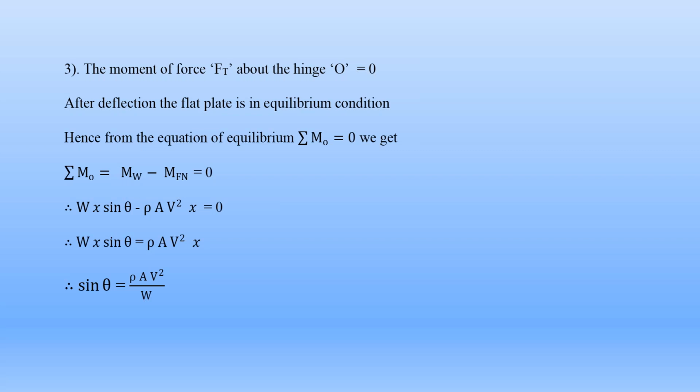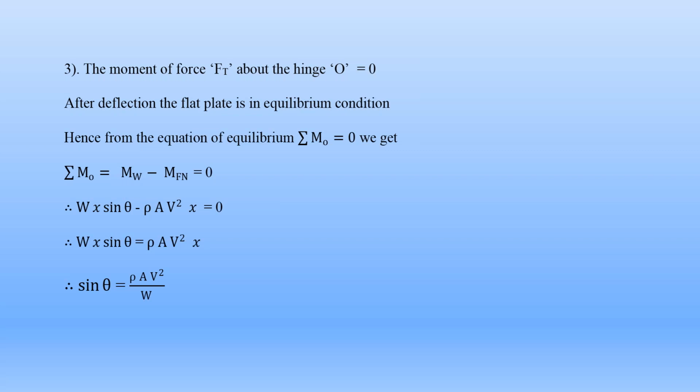Because of that impact, there is a deflection in the vertical plate. The vertical plate is subjected to the deflection theta due to the impact of the water jet. We consider the forces acting on the metal plate: the force W, the force Fn, and force Ft. We found the moments of these three forces about the hinge point O. The moment of force Ft is 0.